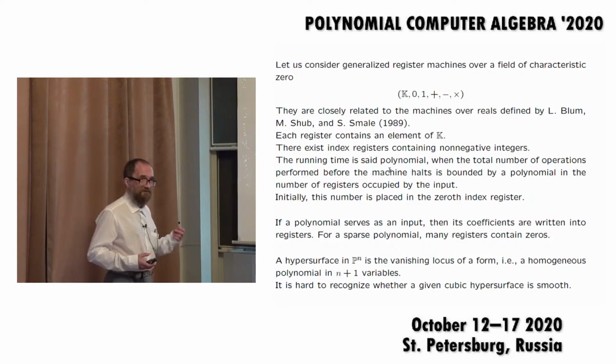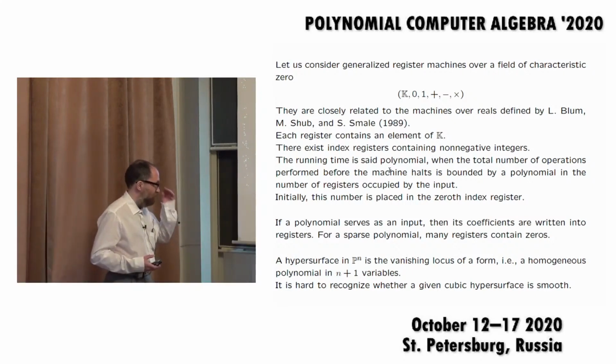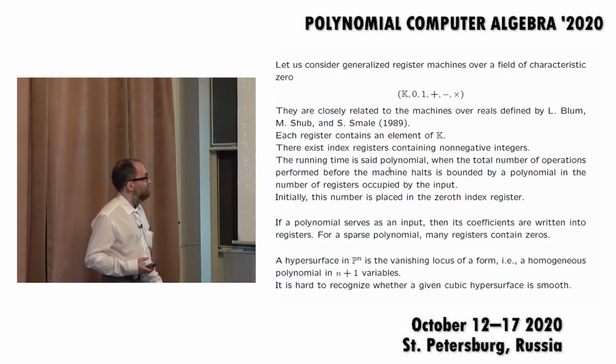And in one step, we can add or subtract or multiply such numbers. And of course, we have rational constants. We have only 0 and 1 in the signature, but in fact, we can construct any rational number.